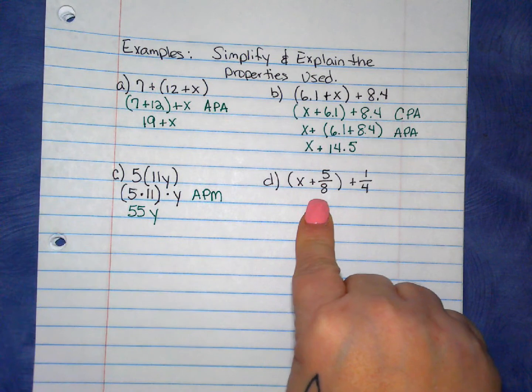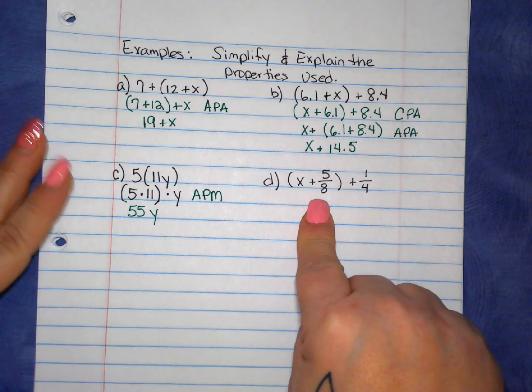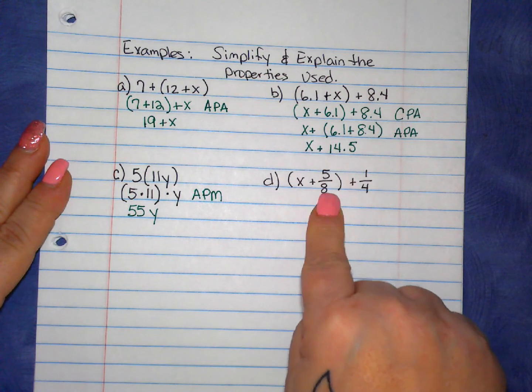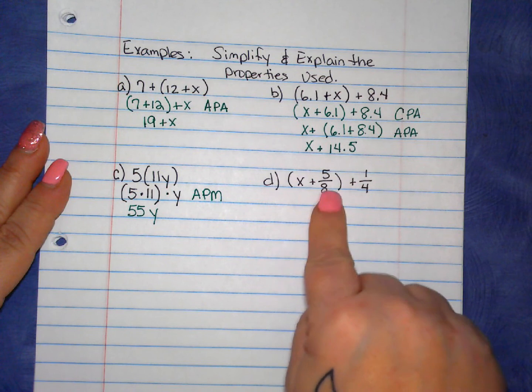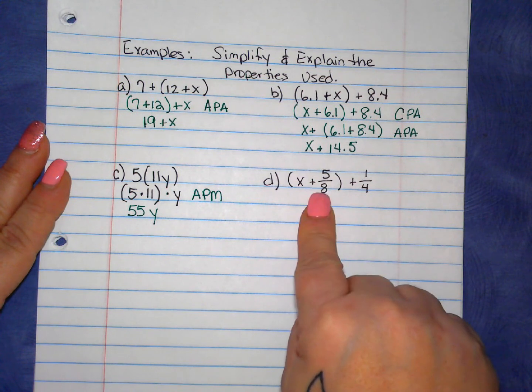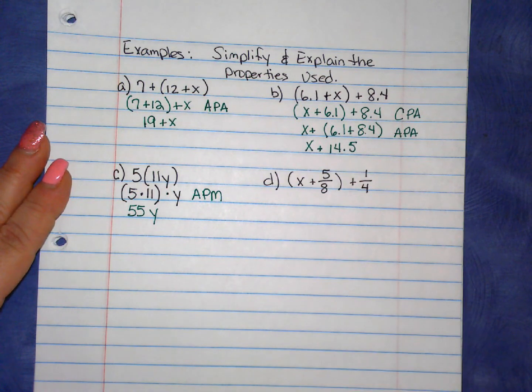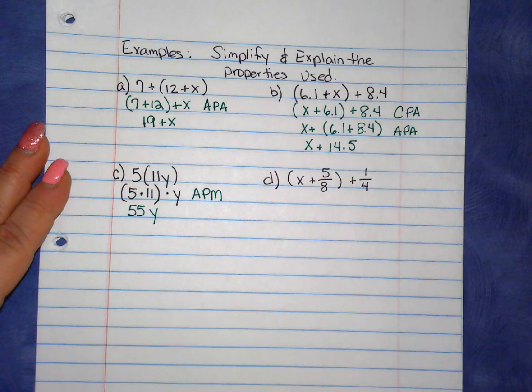So that must mean I should change my grouping, because I don't want to change my order, because putting the x somewhere else isn't going to help. If I flip these two, changing the order in here is not going to help me. But changing my grouping with the associative property is going to help me.